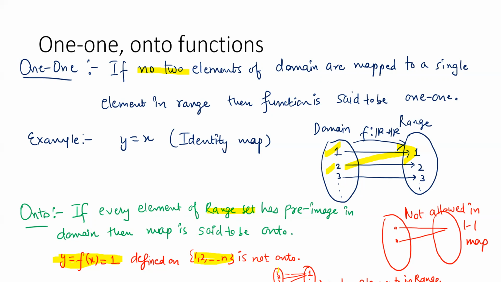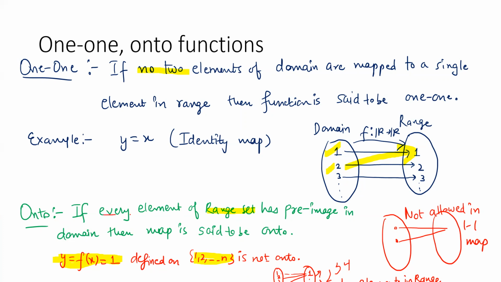Because what you are doing, every single element is being mapped to 1, and you see there are rest of the elements other than 1 here in the range, there will be 2, there will be 3, and there will be 4. So those elements are not having any pre-image in the domain. Therefore, this is not an onto map.